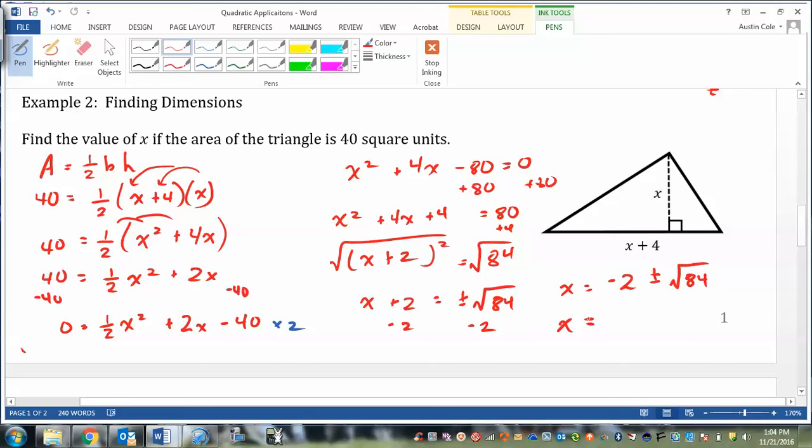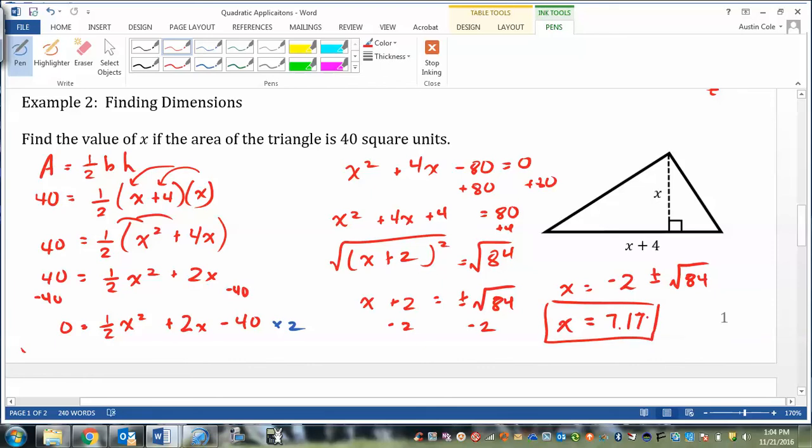Negative 2 plus the square root of 84. Like 7 point something? 7.1. So I'll do 7.17.